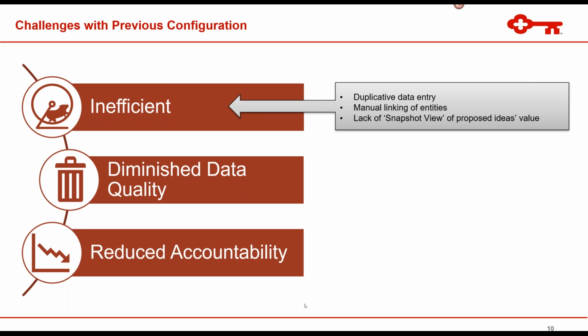So people were having to enter data on the business case proposal and cost centers, project sponsors, in order to get the idea funded. And then if they were associated with a program, that program entity required a duplicate data entry. And in instances where additional funding was requested, there was an additional point of updated data entry.